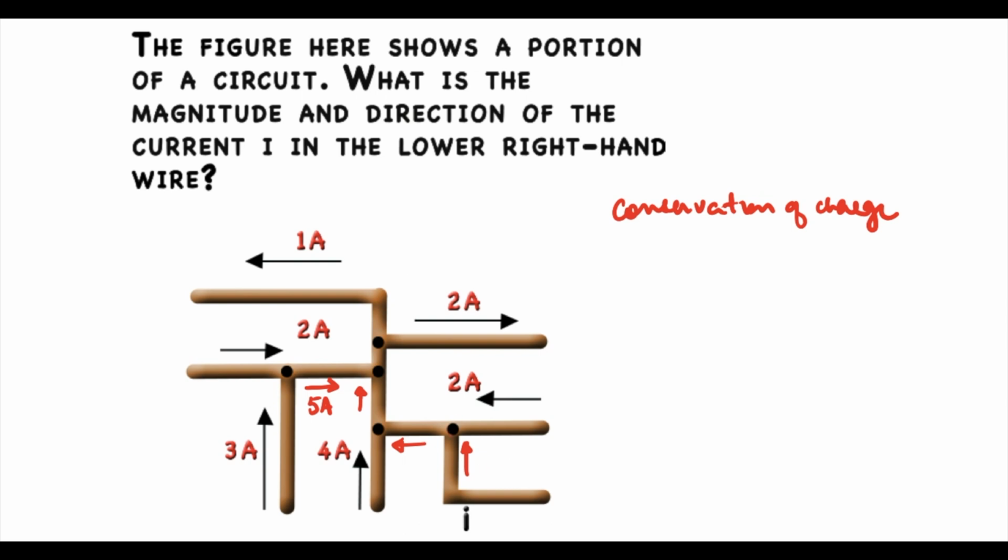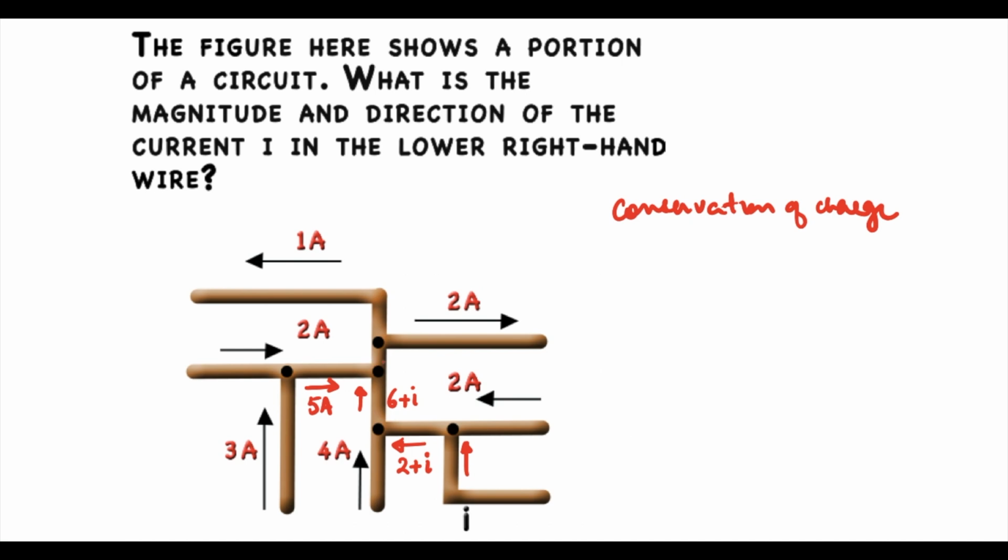So now at this junction, if you apply the conservation of charge principle, you would see that I and a 2 would add up, and that would make this branch have a current of 2 plus I. When we apply the same principle here, we get this current as 4 plus 2 plus I, which is 6 plus I over here.